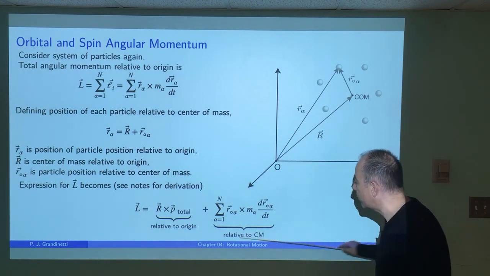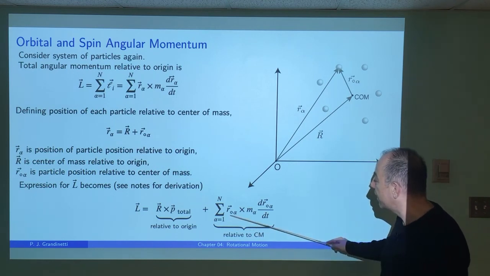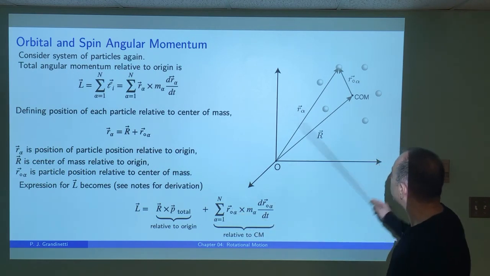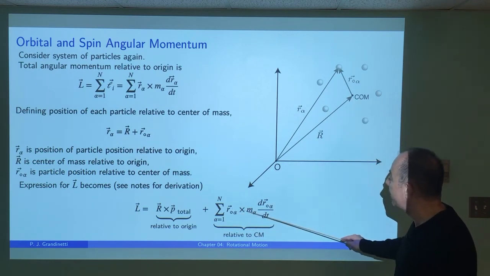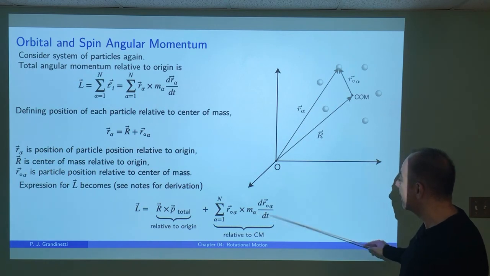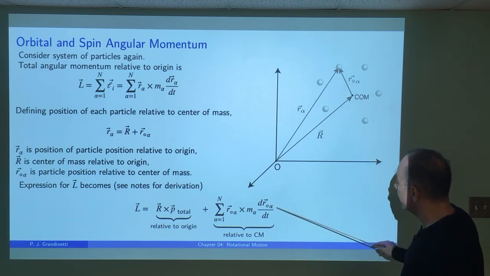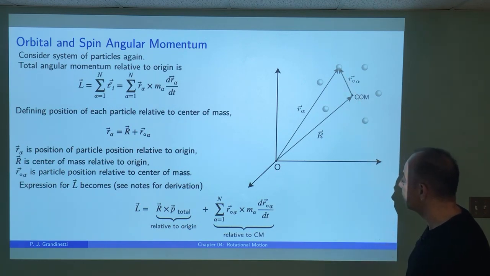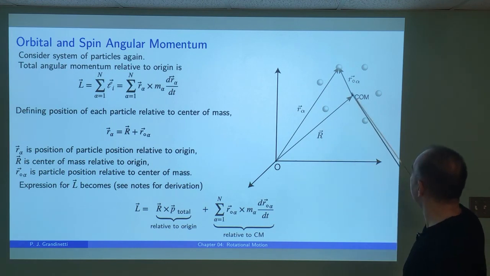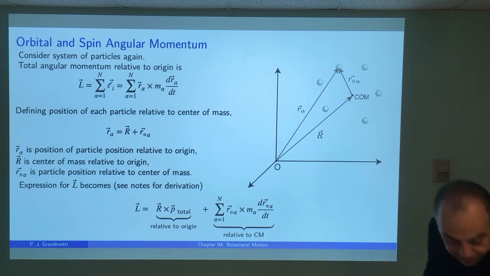The second term is the sum of all the position vectors relative to the center of mass cross product with the momentum defined with the rate of change of the position vector relative to the center of mass.